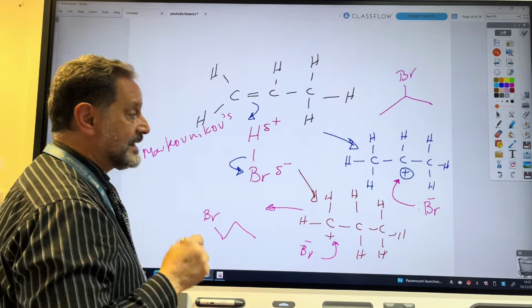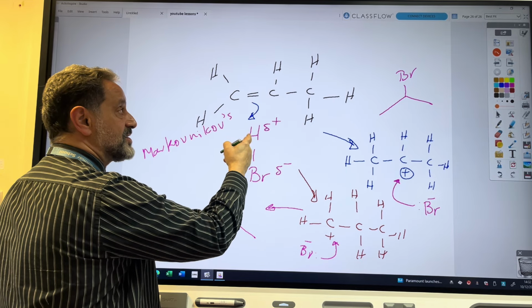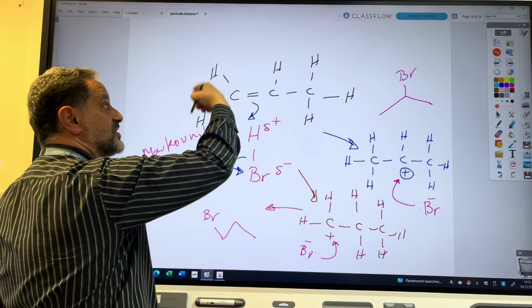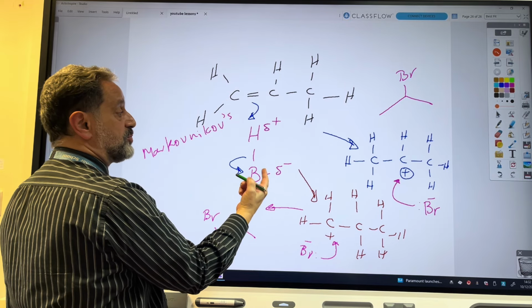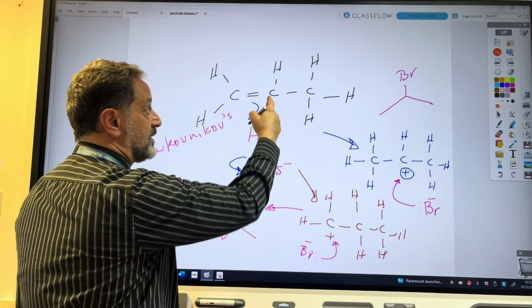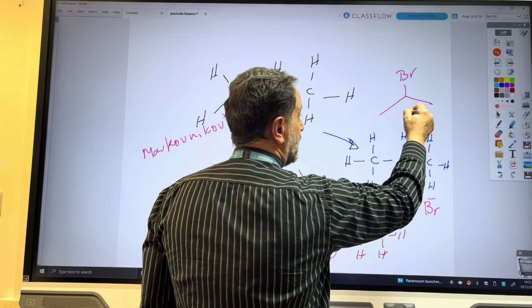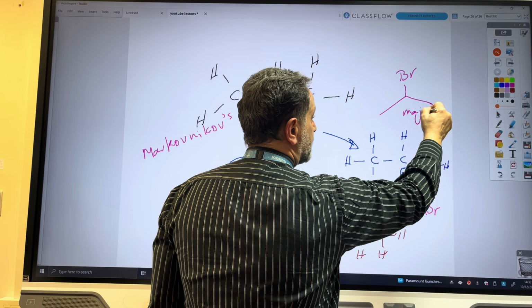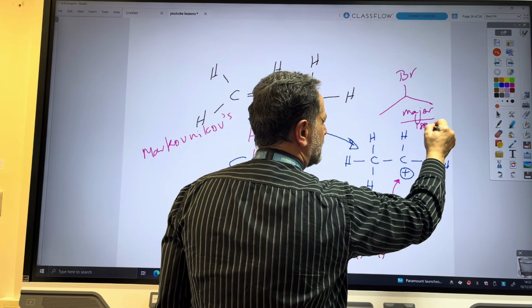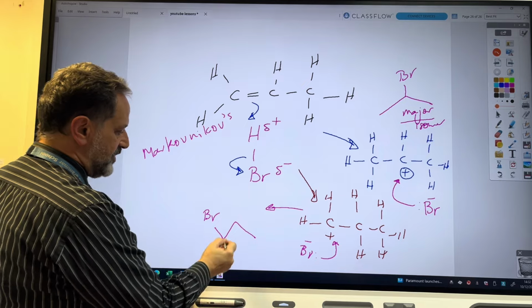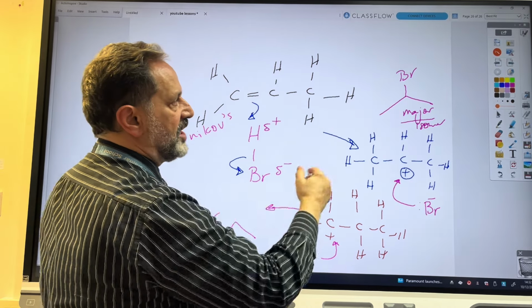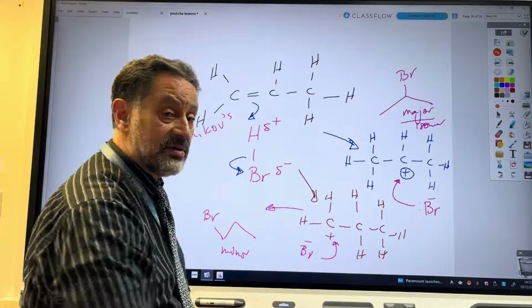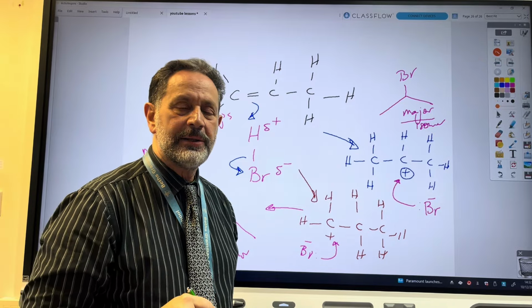And he said that hydrogen attaches itself to a carbon which has more hydrogens. That one. Which means bromine is going to add itself to that particular carbon. So this one would be the major isomer. And therefore this one would be the minor. So you produce this 80% of the time, and 20% of the time this is produced, for instance, right?